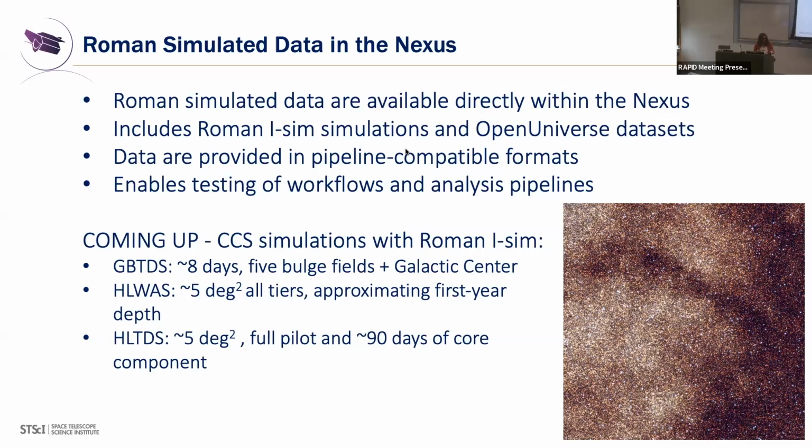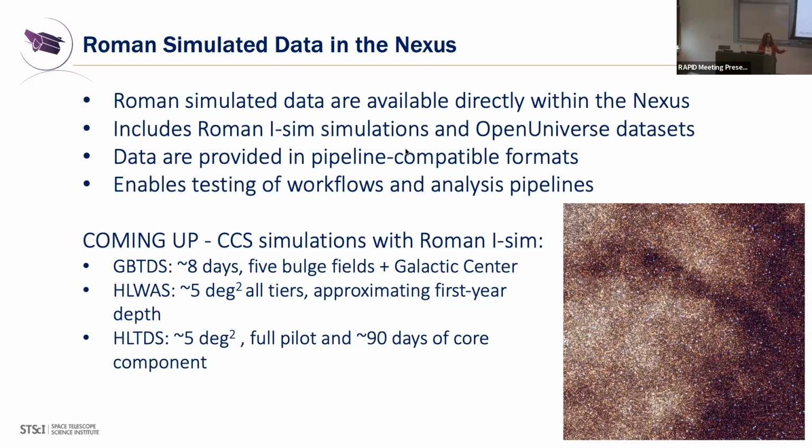One thing that is coming up is that we have finally generated a set of simulated images that are like mini surveys, a mini implementation of the surveys. For example, for the galactic bulge time domain survey, we're simulating 8 days of observations in the survey.